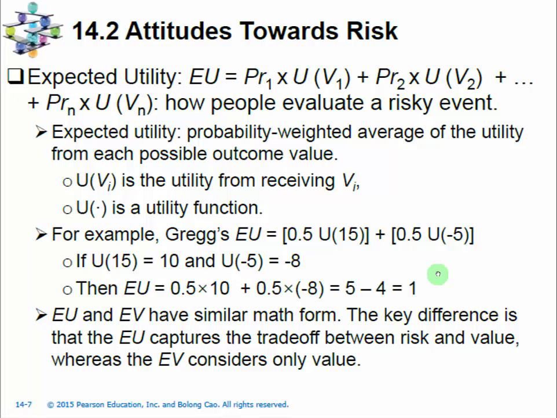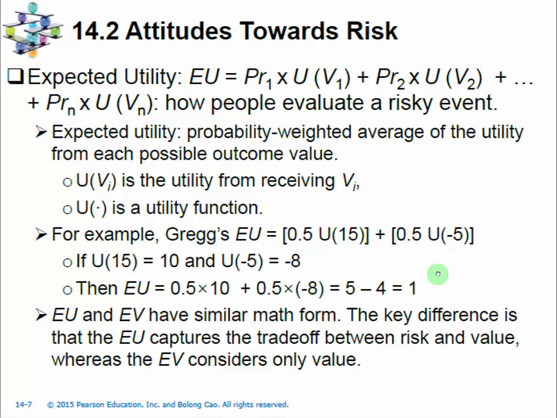Because when people assign the utility level onto different outcomes for a risky event, they actually take the risk into consideration. The adverse events, the bad outcomes they don't want to see or will suffer a lot from, they will put a very low utility level, even a negative level, onto those kinds of events.